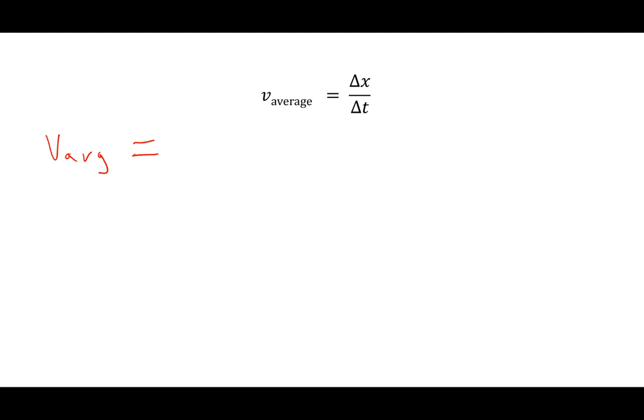What I need to do to find my average velocity over the course of an entire trip is take my total distance traveled, divide it by my total time. Again, if we were truly talking about velocity instead of distance, I would be saying displacement.